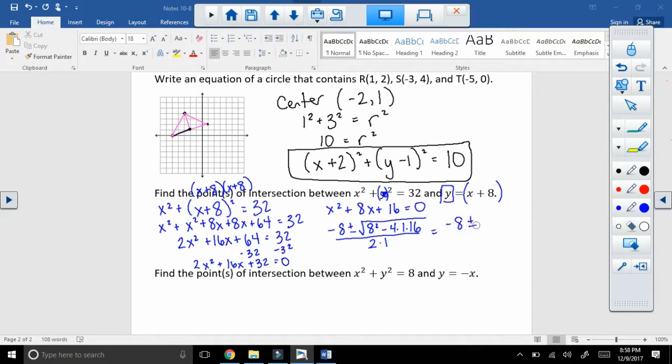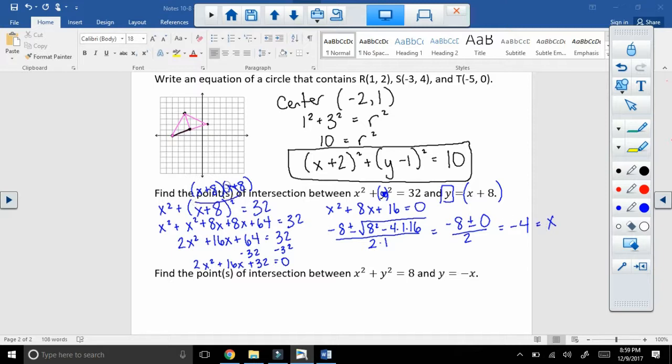So negative 8 plus or minus, this is going to be 64, and when I subtract this, that's also going to be 64, so that's actually going to be plus or minus 0 over 2. So this one only has one answer. It's negative 8 over 2, which is negative 4. So this is what x equals.